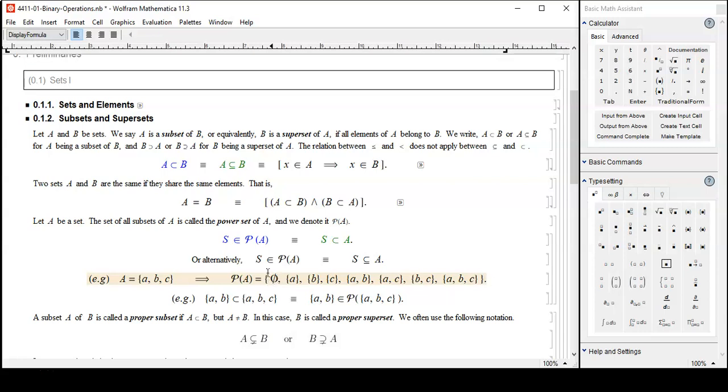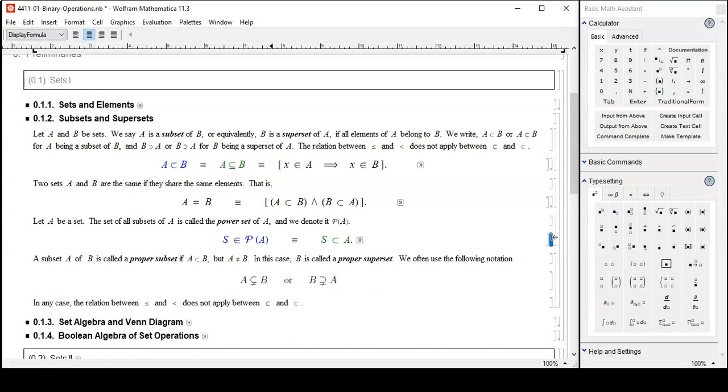So no to everything, then we get the empty set. Yes to everything, then we have the original set. And then in the middle, we have all those non-trivial proper subsets. Speaking of proper subsets, we use these kinds of notations to denote proper subsets. Subset, but not equal to each other.